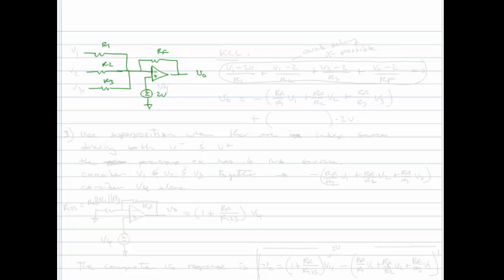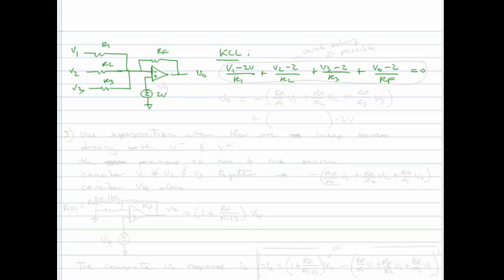Well, we could still do KCL, still better than superposition. We would say V1 minus 2 volts over R1 plus V2 minus 2 volts over R2 plus V3 minus 2 volts over R3 plus VO minus 2 volts over RF is equal to 0.